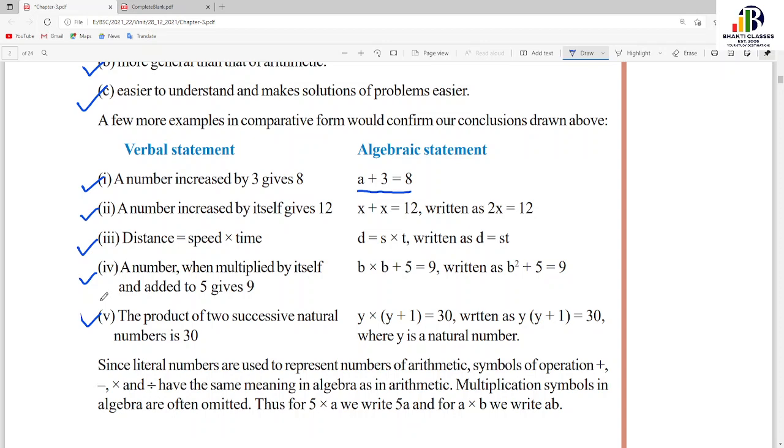Thus, for 5 into a we write 5a, and for a into b we write ab. So many times, especially for multiplication, the symbol in algebra is omitted.